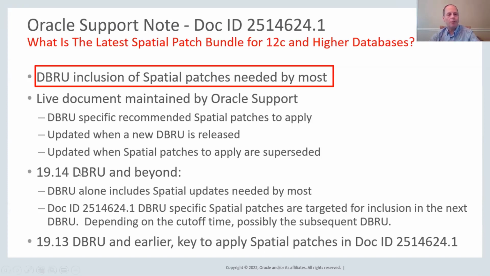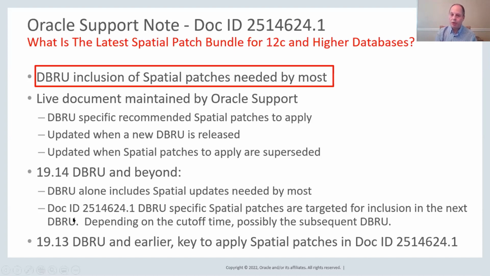Like I said, 19.14 going forward, just upgrading your DBRU is going to be enough for most, but there'll always be some one-off patches that come out that you may need. And we will try to make these available through this note, right? The most common ones that we think people need. And the goal is that the spatial specific DBRU patches that we list in this document are always going to be targeted for inclusion in the next DBRU.